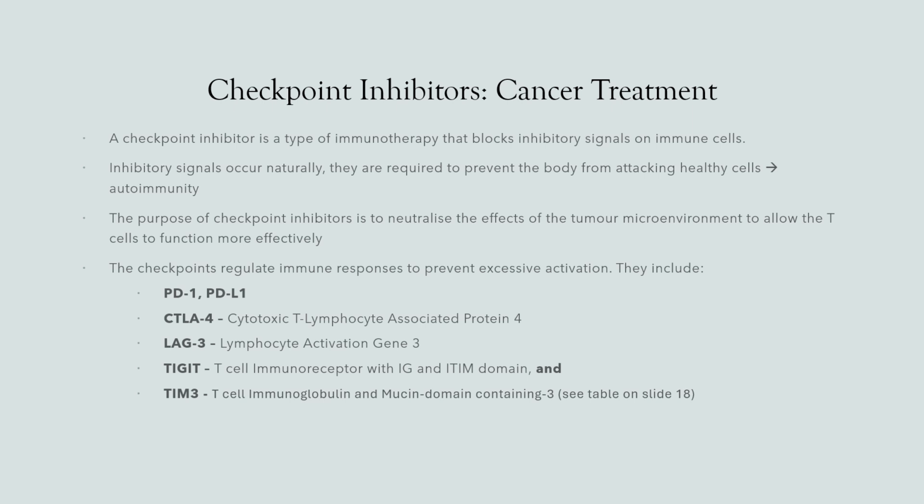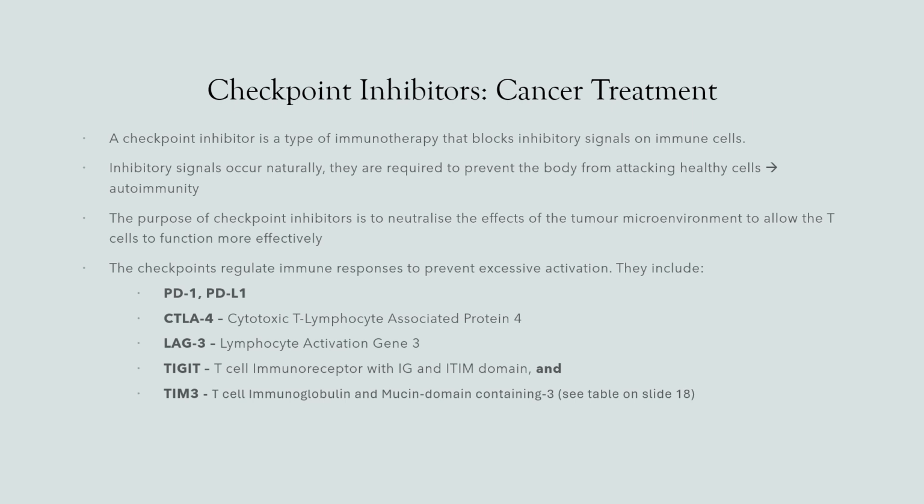When they bind to PD-L1, but there's also PD-L2, which are found on cancer cells, they inhibit the signals, and they inhibit the T cells, and they down regulate, if you like, the T cell activity.